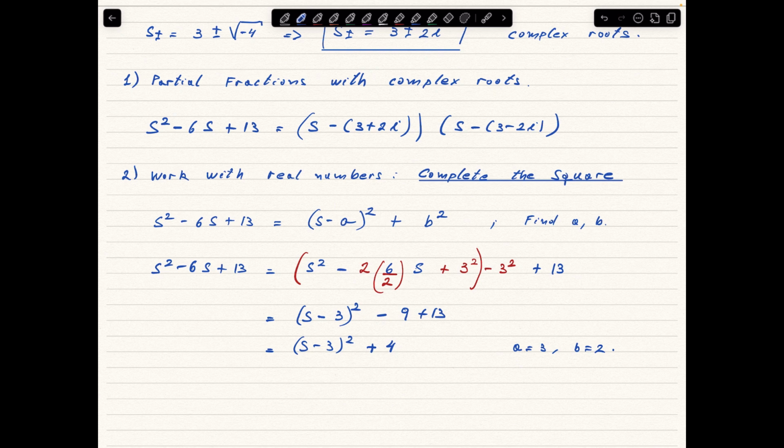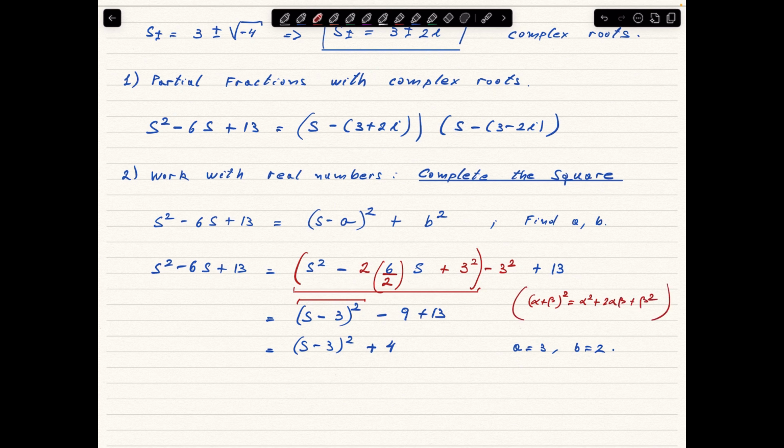So the only maybe strange step is from here to here, but here we have used the formula that alpha plus beta squared is nothing more than alpha squared plus 2 alpha beta plus beta squared.